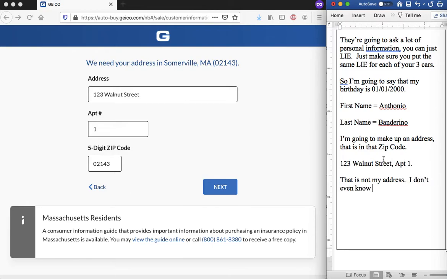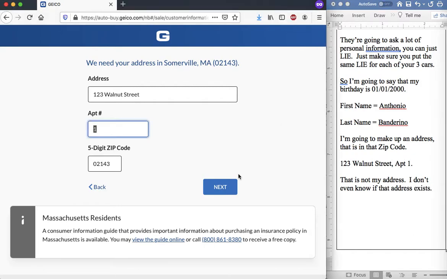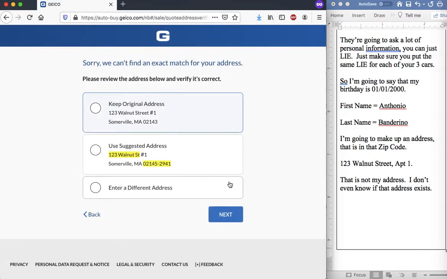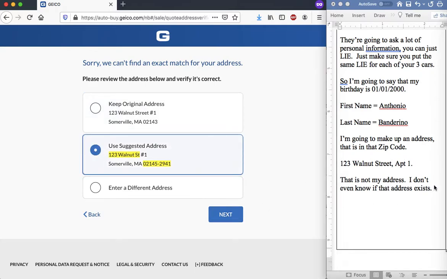I don't even know if that address exists. Apparently that address sort of exists. So I'll select their suggestion.